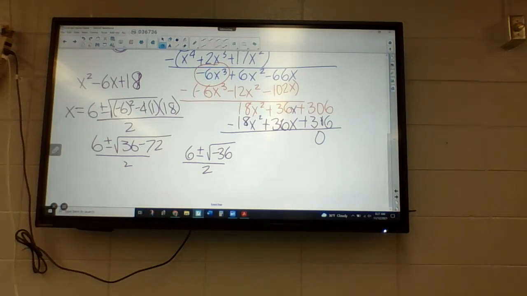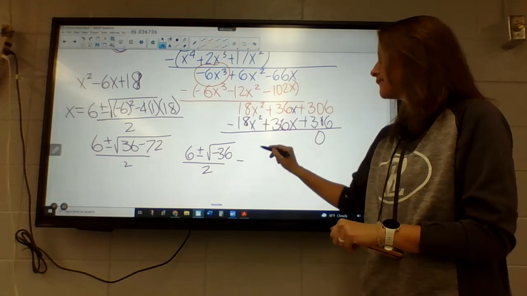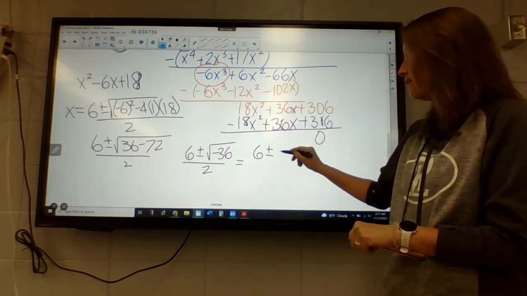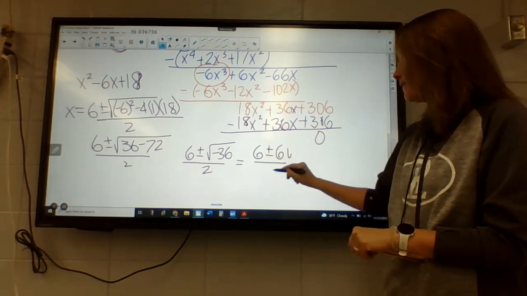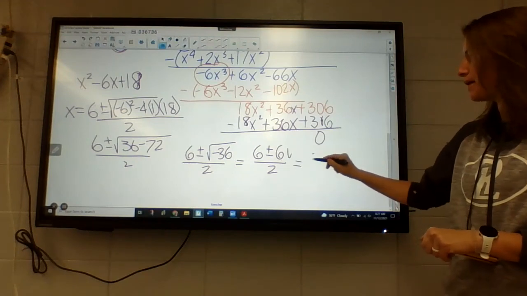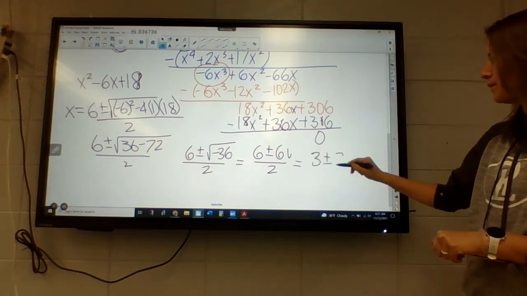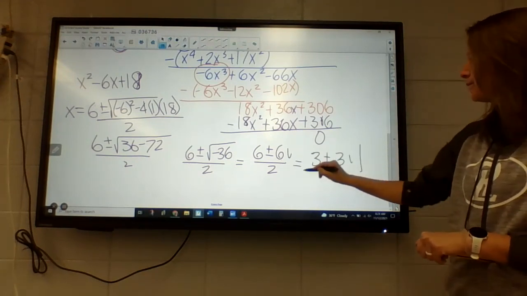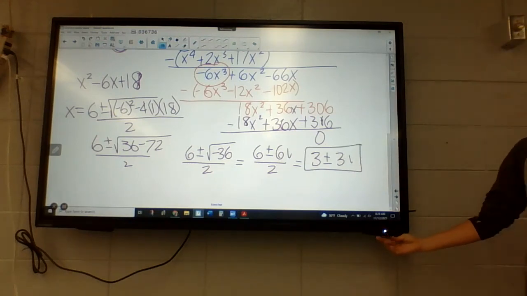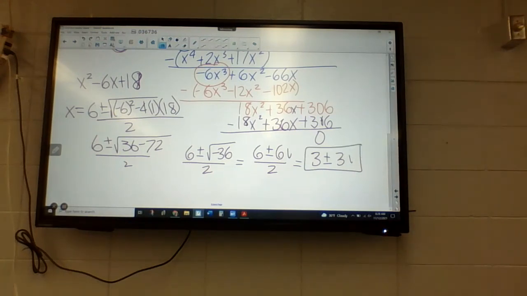We have the square root of a negative 36, so that's going to be 6i. These are both being divided by 2. And so we get our other 2 solutions. So we got our 4 answers. Piece of cake.